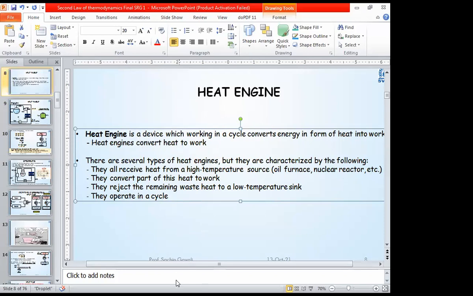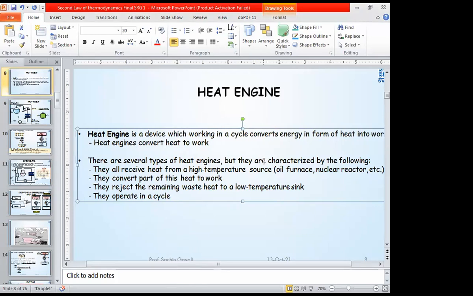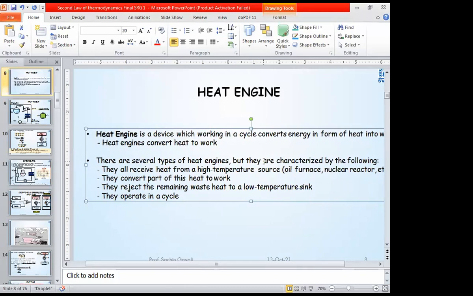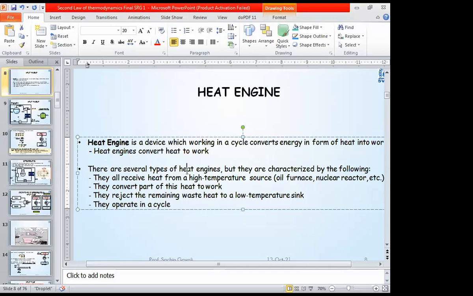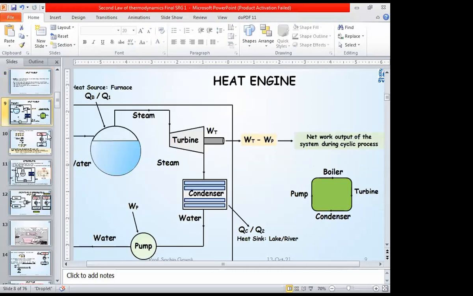Okay, now heat engine. They have given the example of a steam turbine, which is one of the heat engines. So steam is coming from the boiler.